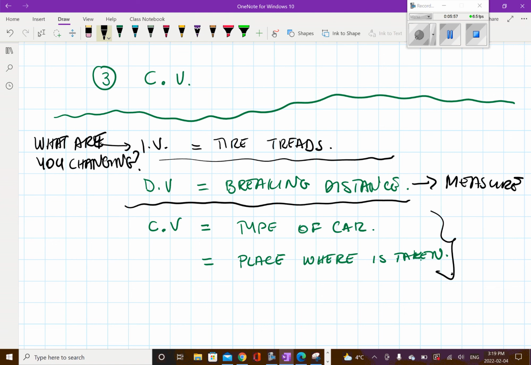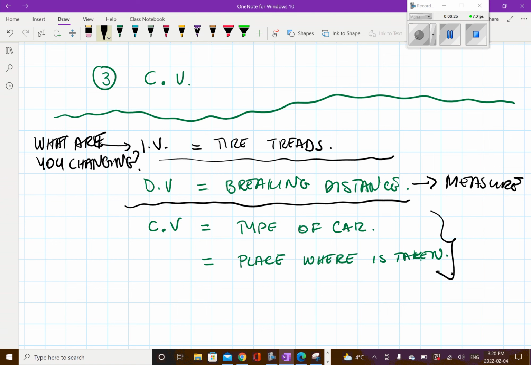A good experiment in science cannot have more than one independent variable and more than one dependent variable. You can design a different experiment in which you are changing that other variable, but you should not have two things that you are changing or more than one thing that you are measuring.